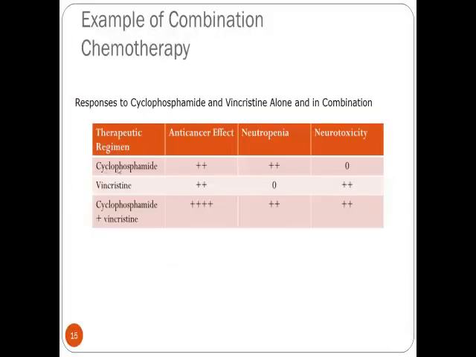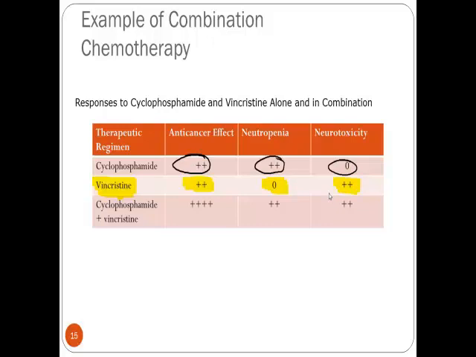So this is an example. If you have cyclophosphamide, you can see its anti-cancer effect on its own is very good. Unfortunately, it leads to a decrease in white blood cells, but it has no effects on the nerve, right? And if you look at the second drug, vincristine, its anti-cancer effect is still very good like cyclophosphamide, and it has no effect on white blood cells, so white blood cell count is not affected by vincristine, but it causes peripheral neurotoxicity, right?